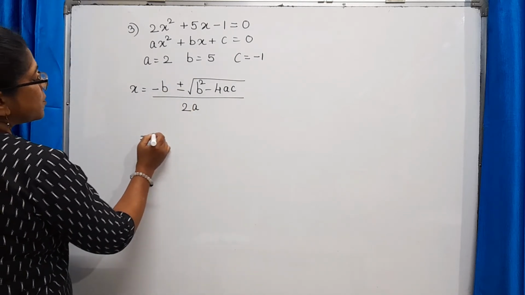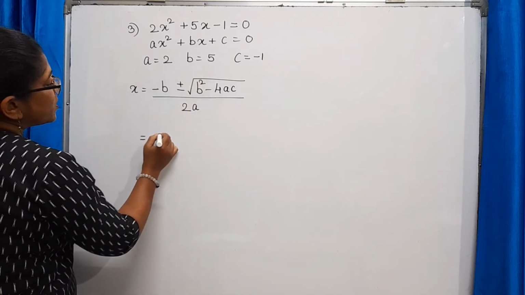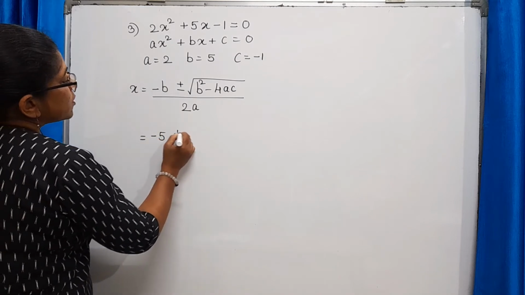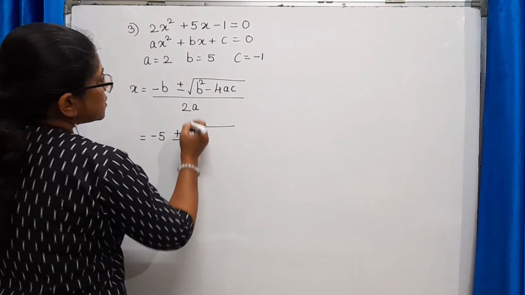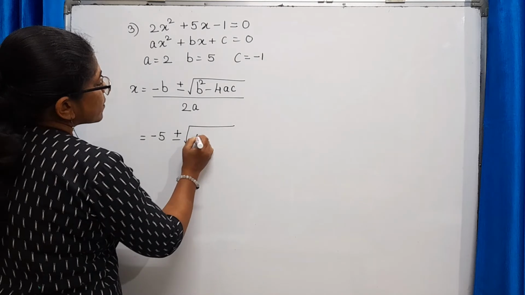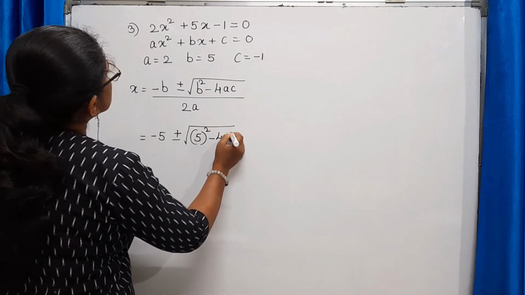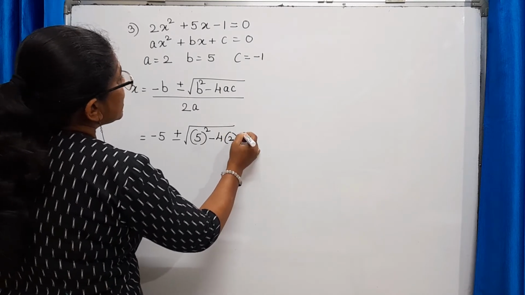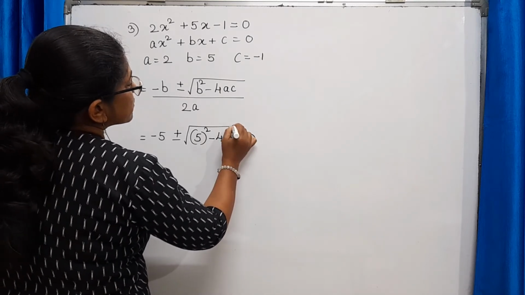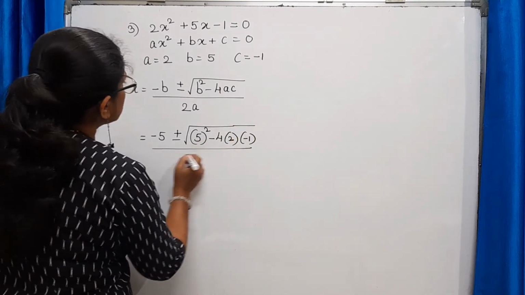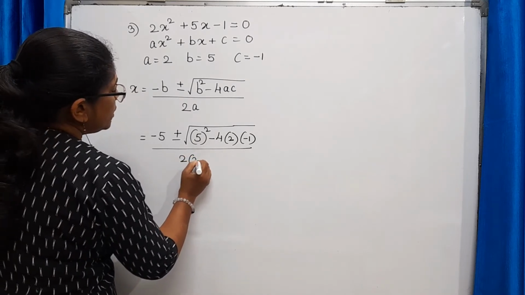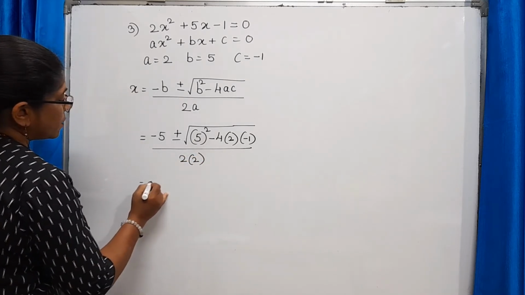Substitute the values. Minus value of b is 5, minus 5 plus or minus root b square, that is 5 square, minus 4 into a into c, upon 2 into 2. Okay.